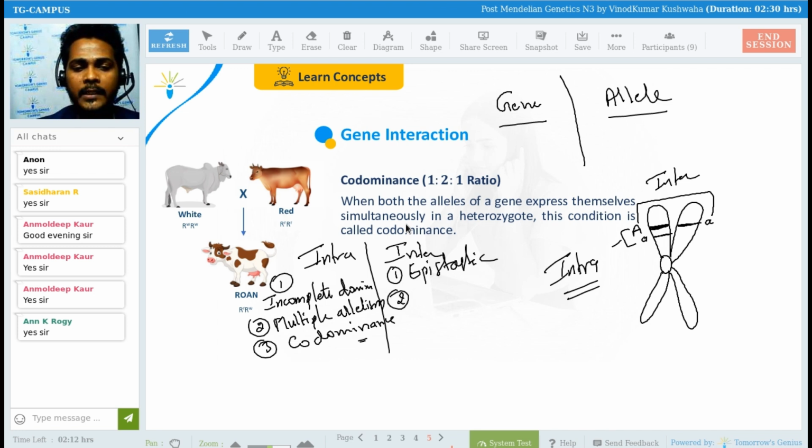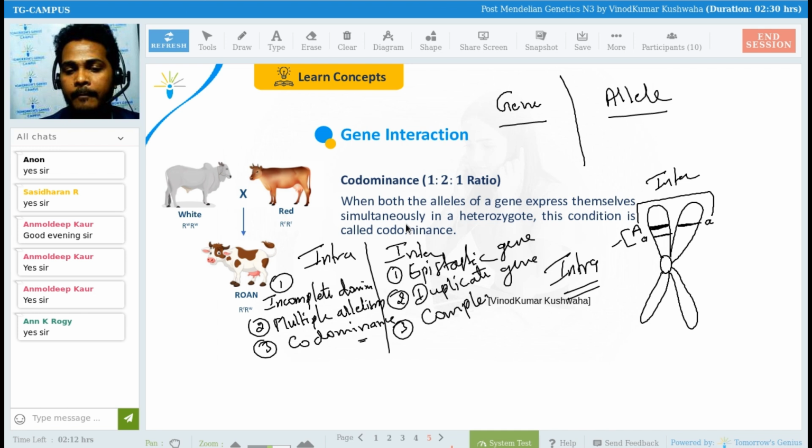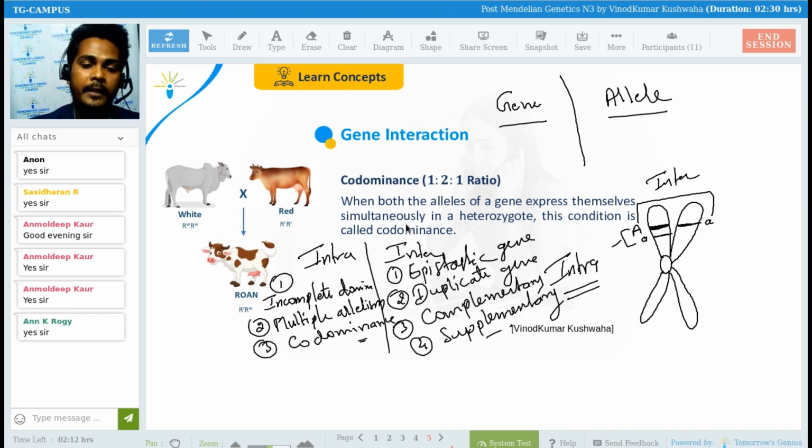Second one is duplicate gene. The third one is called complementary, and the fourth one is supplementary interactions. So today we will complete all these types of intragenic and intergenic interactions.